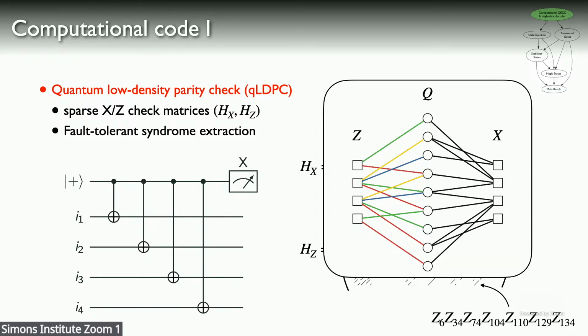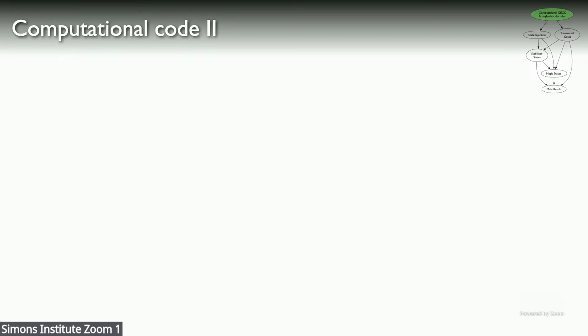And I can do this efficiently, no problem, because this is a bipartite graph, if I do it just for the Z checks and then just for the X checks. And that's a constant depth syndrome extraction circuit. So the main gadget that I'm going to be doing at all times, you can think of it as going in the background, is I'm just going to be running the syndrome extraction circuit, and then I'm going to decode this syndrome, and I'll say more about that in a moment.